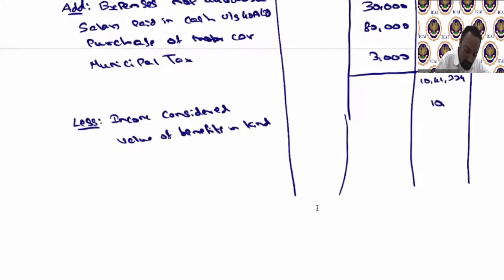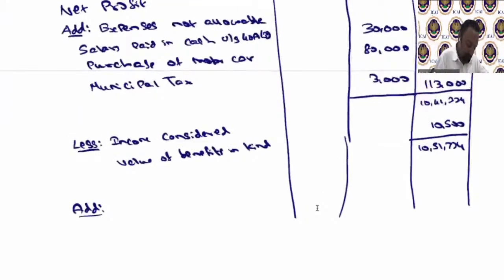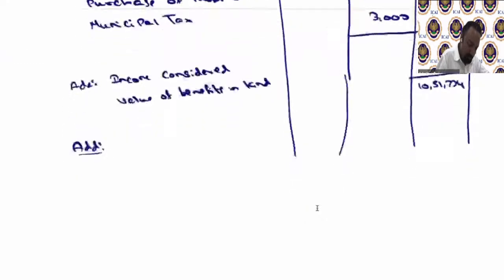That is 10,500. So it becomes 10,51,724, right? So that's what it is. Now, next is add. We have done two additions.